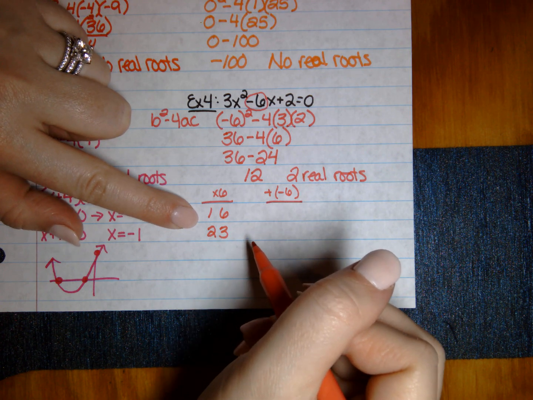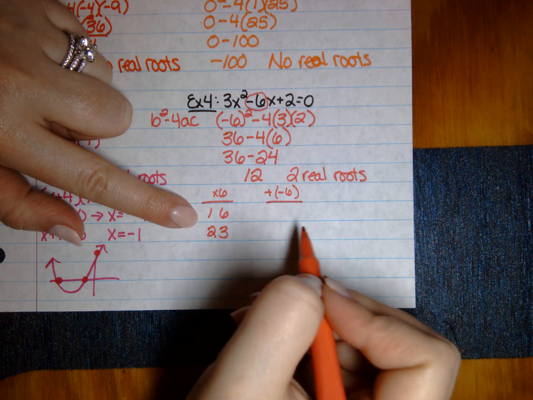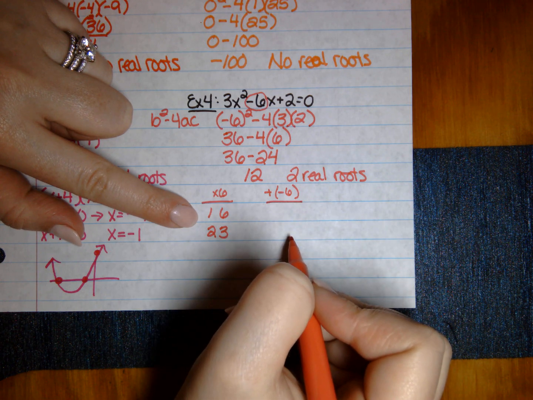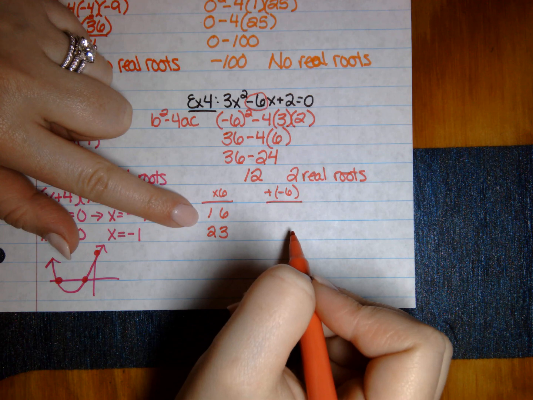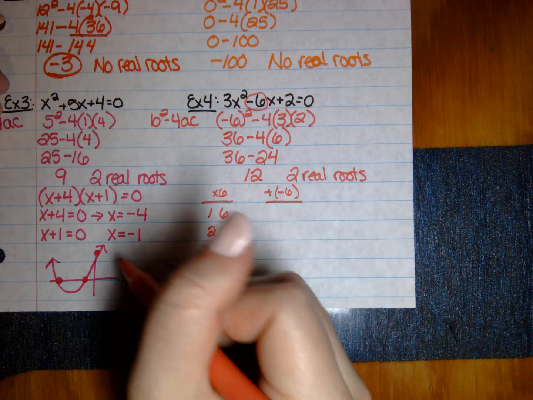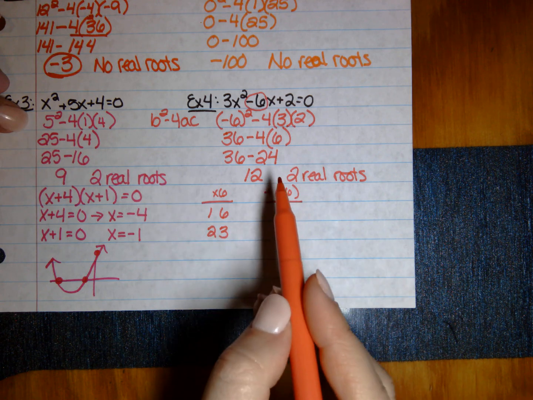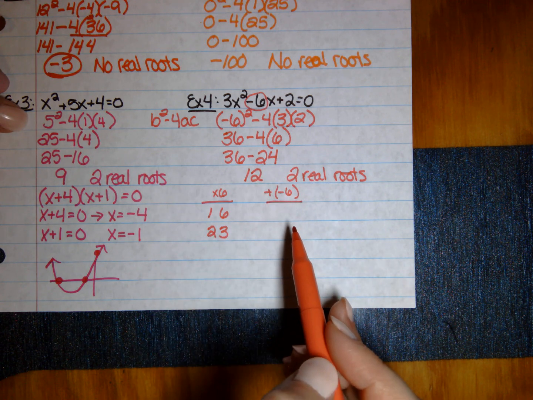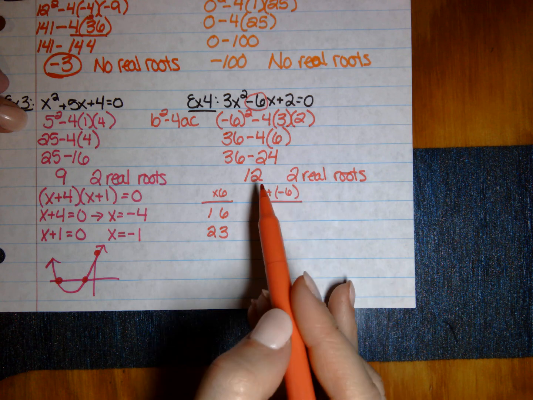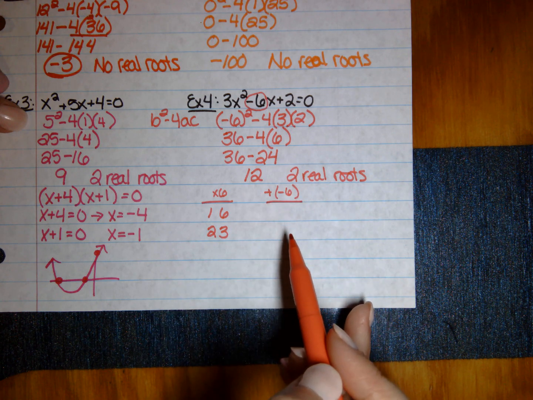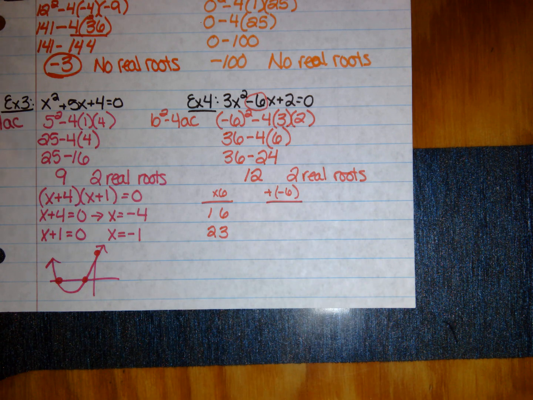And it looks like I'm going to end up with a decimal, so I can't actually do these perfect square pieces. So we're going to skip this whole graphing part. But you would end up with two real solutions because it's a positive number, but they're going to be decimals because they aren't perfect squares.